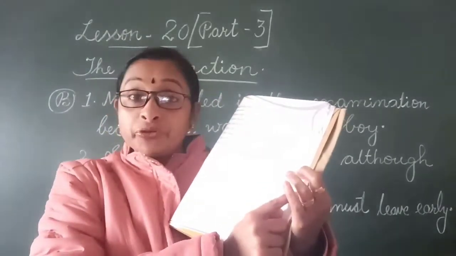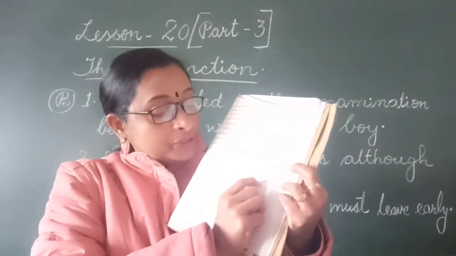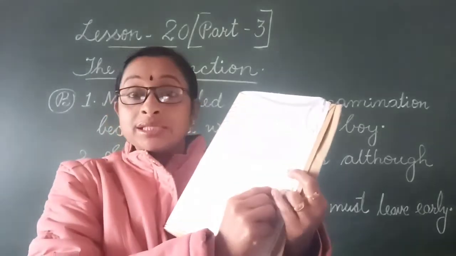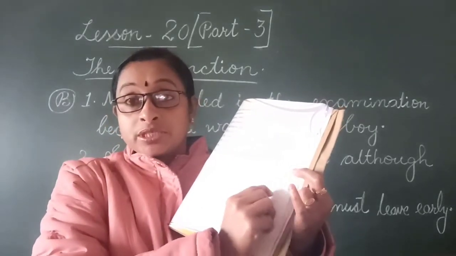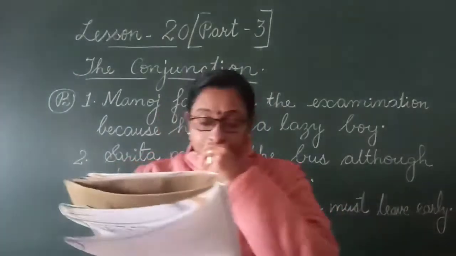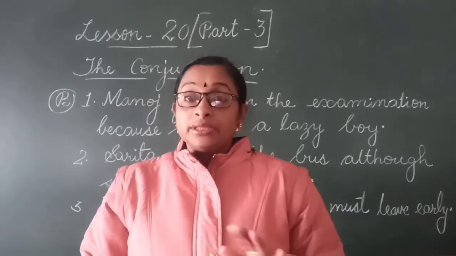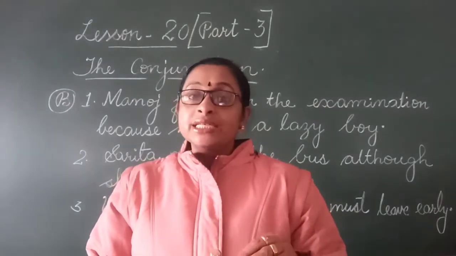And then also if you don't get the page to complete, then you write here in between these two lines, in small letters. Okay. Here in this page when you write, make your writing a little small.